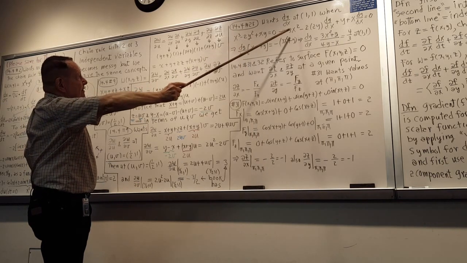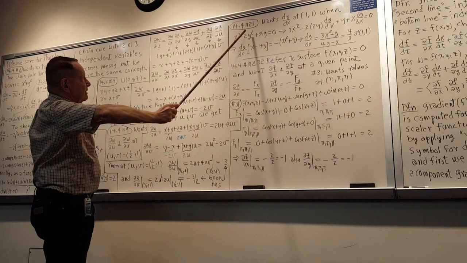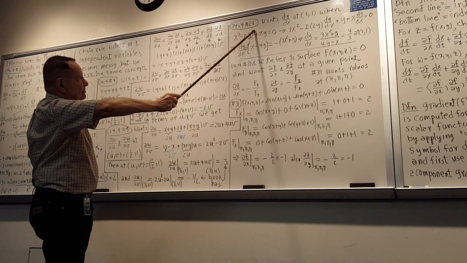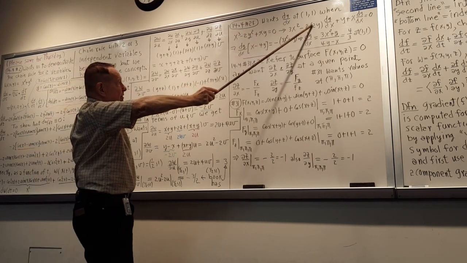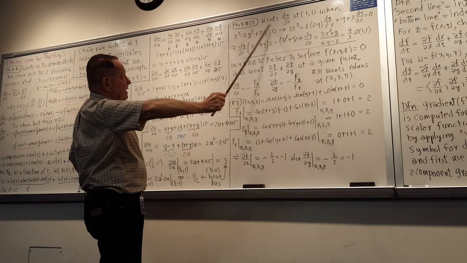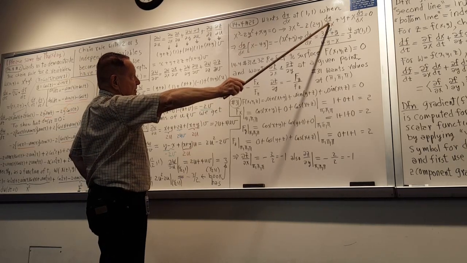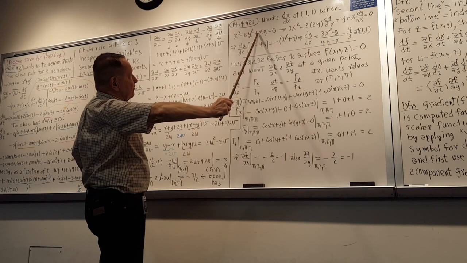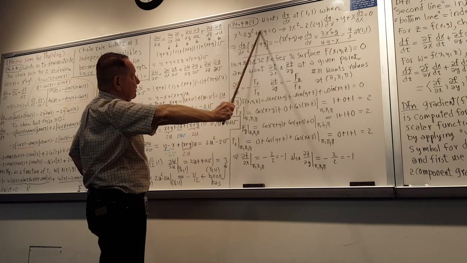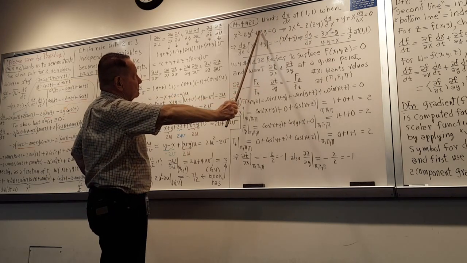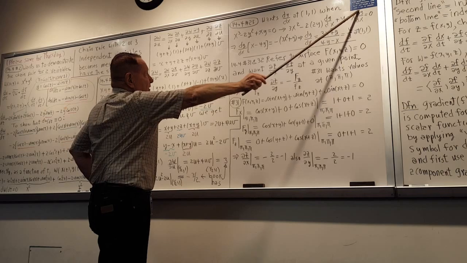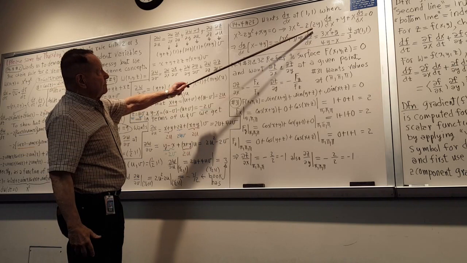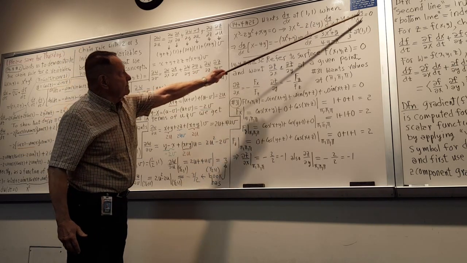So we get 3x squared. Then here we get the minus 2, and then the outside function is the square, so outside prime. And then we think of y of x as our inside function, so we just write the symbol for that. And then we have product rule. So we have the derivative of x times y, plus we have x times the derivative of y, and again we write the symbol.